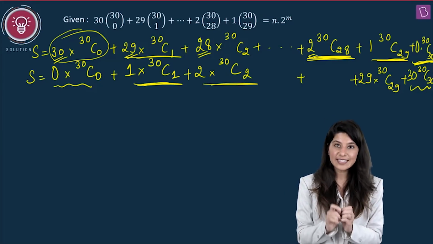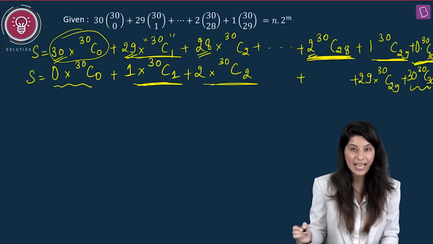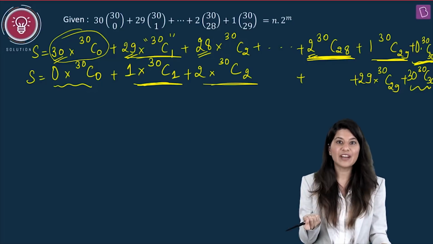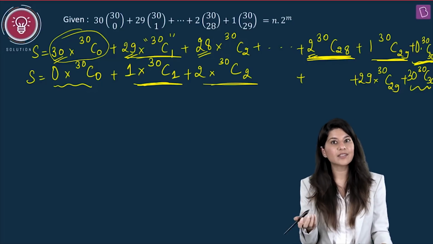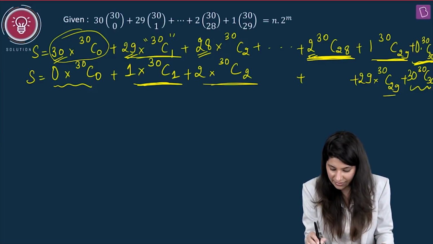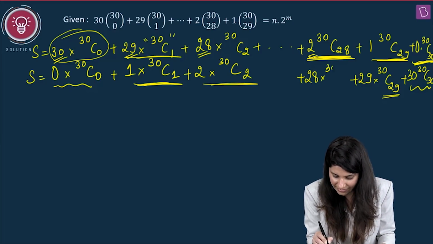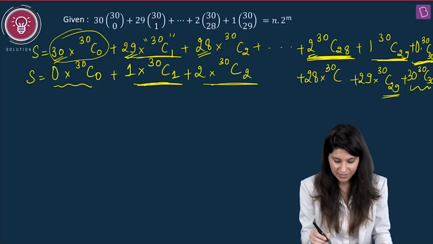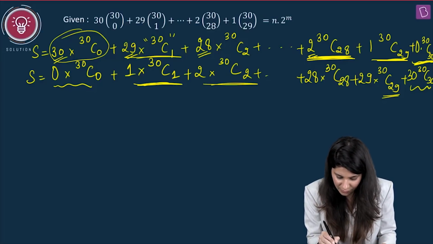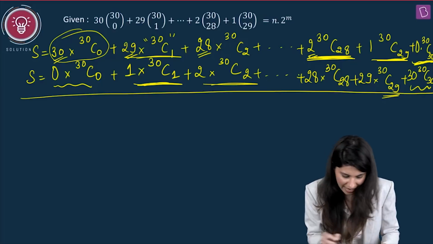Right? We are not writing the binomial coefficient as it is, but we are modifying it. 30C1 can be written down as 30C29 so that these two are same. And this would be 28 multiply 30C2, but 30C28. And so on.